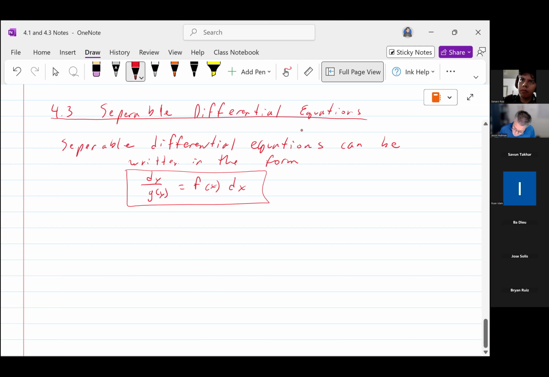So we can separate both sides of the differential equation so all the y's are on one side and all the x's are on the other side.